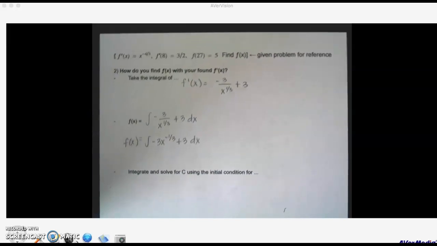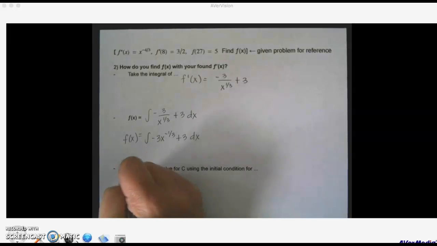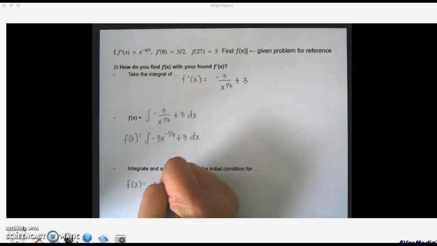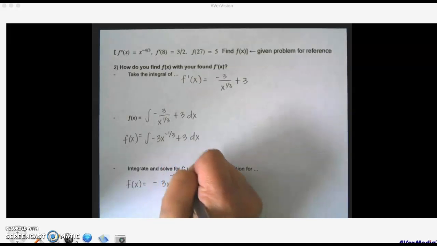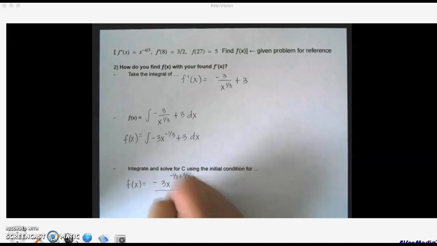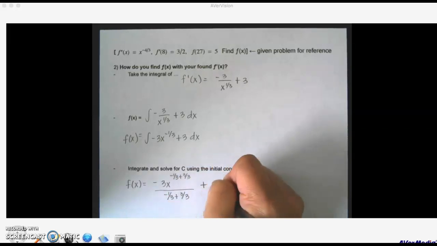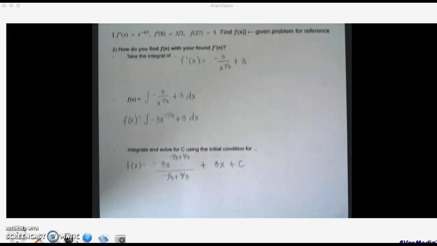You're going to do that same process, adding 1 to the exponent and dividing by that exponent. So we're going to have negative 3 x to that negative 1/3 plus 1 all over that same exponent. And then the integral of 3 is, remember, just 3x. And then we have the plus c at the end.